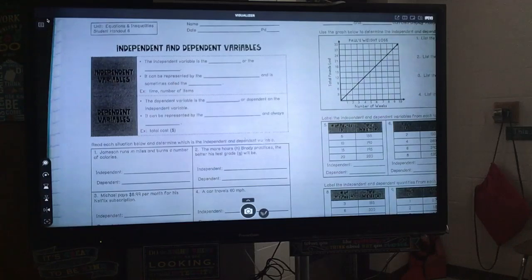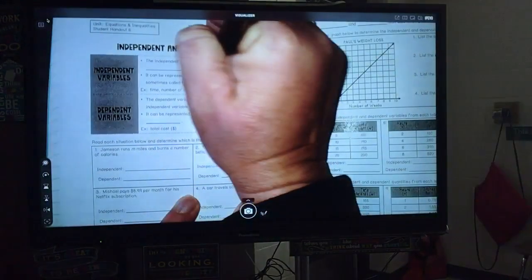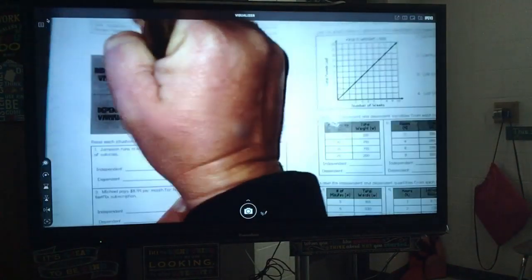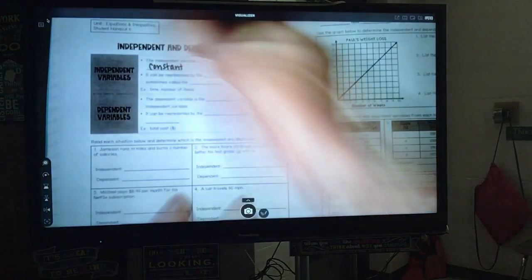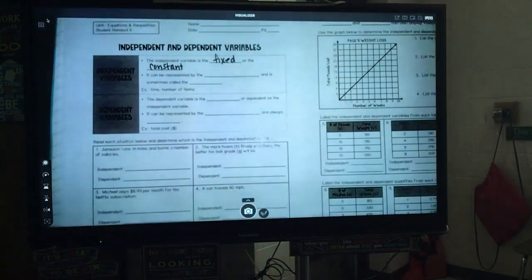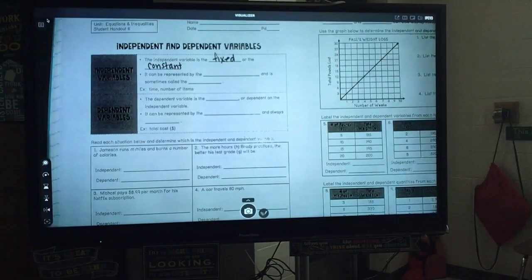All right, so the independent variable is the fixed or constant. That's always going to be the same, like 3t or 3x. So 3 will always multiply whatever the dependent is, so the 3 will always be the same. That is your independent. It's never going to change.